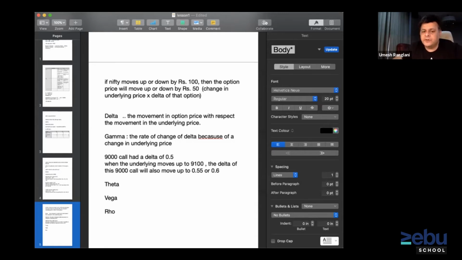So when we are saying that the call is at 9,000, we are saying that there's a 50% chance that this 9,000 call will expire in the money. Similarly, the put also has a 50% chance of expiring in the money. So both have an equal delta of 50-50.